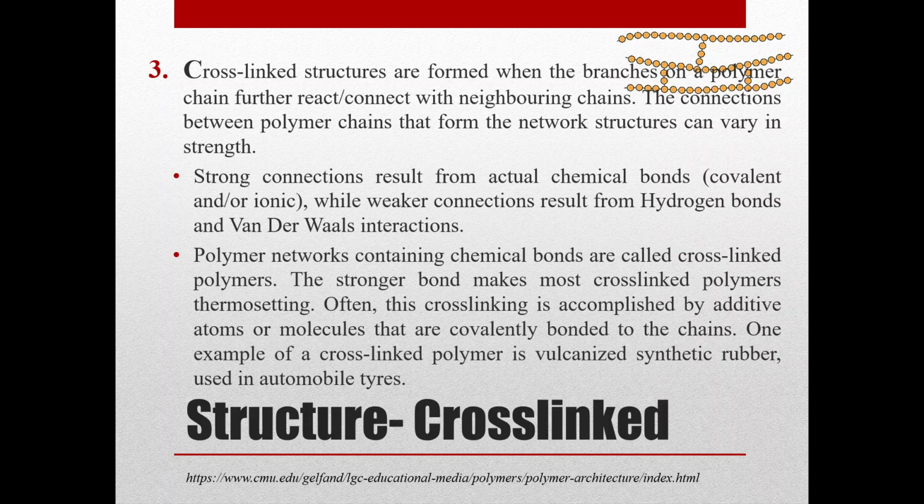One example of cross-linked polymers is vulcanization or vulcanized synthetic rubber used in automobile tires. The rubber is vulcanized by cross-linking so that they form covalent bonds between the molecular chains and become much stronger, and which could then be used in heavy duty applications like automobile tires.